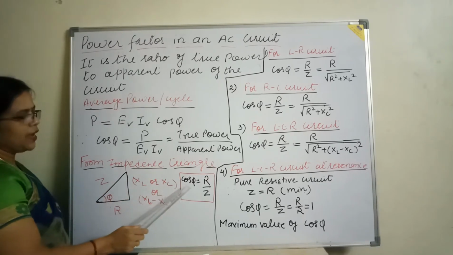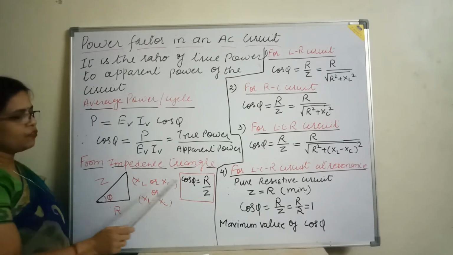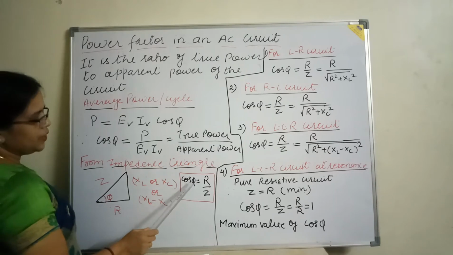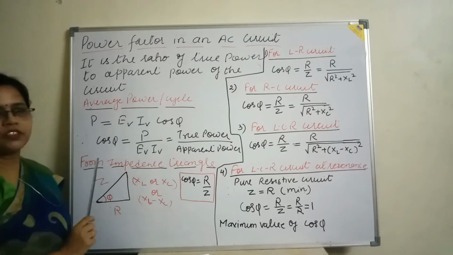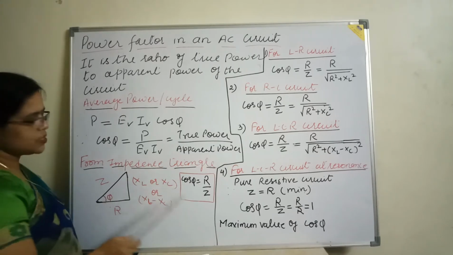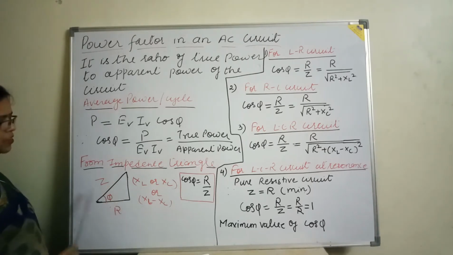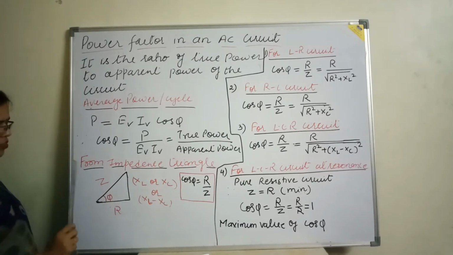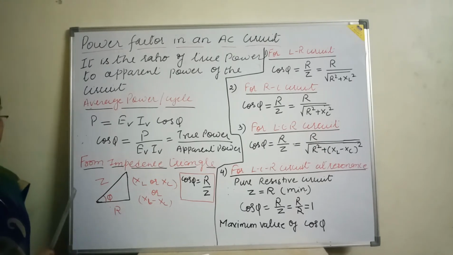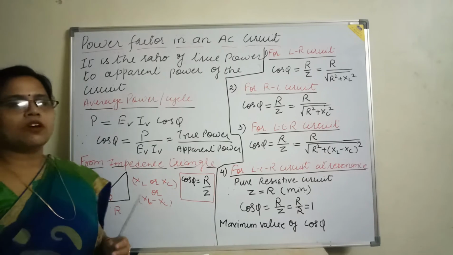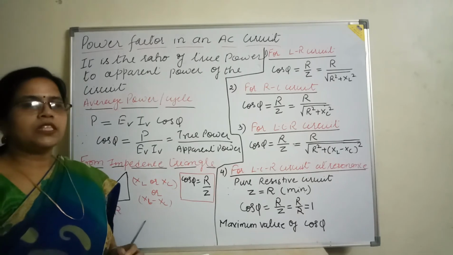Now the expression of cos phi we can write in terms of R and Z. What is Z? Impedance of the AC circuit. So this expression we can get from the impedance triangle, a right angle triangle in which there is a phase angle between the resistance and the impedance of the AC circuit, because we have combinations of AC circuit elements.